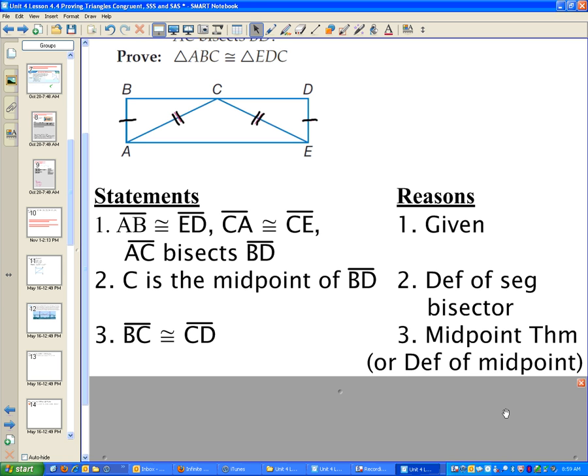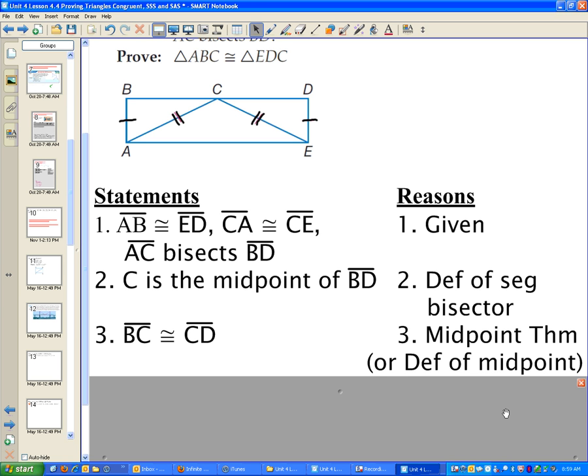So I'll take either. In fact, I'd rather do definition of midpoint, but I'll take midpoint theorem. I don't even know which way our book calls this, but either one. You don't have to put them both. Either one I'll take. Okay?